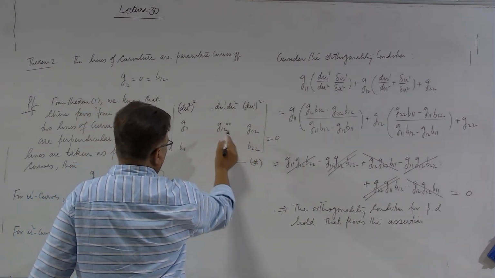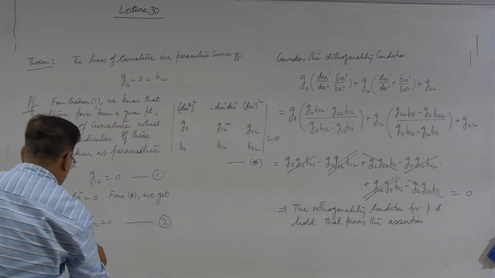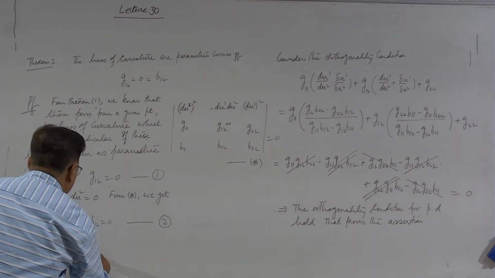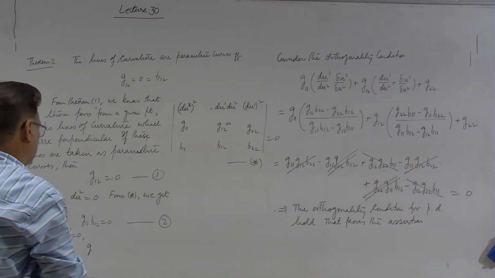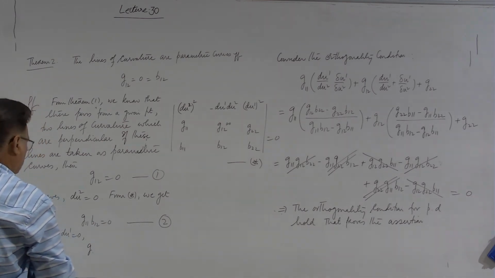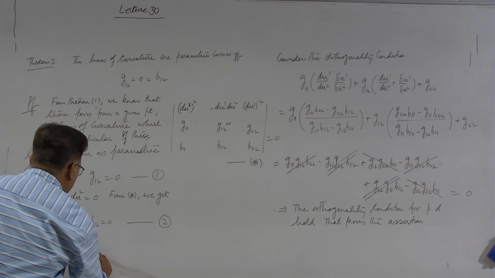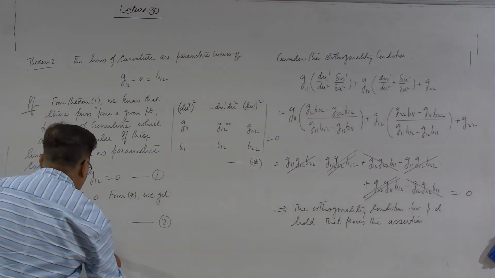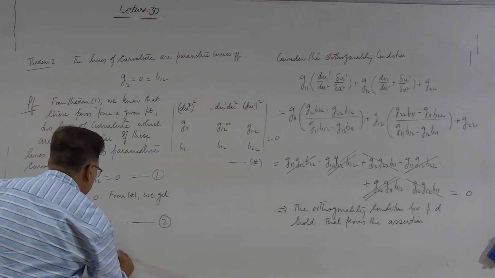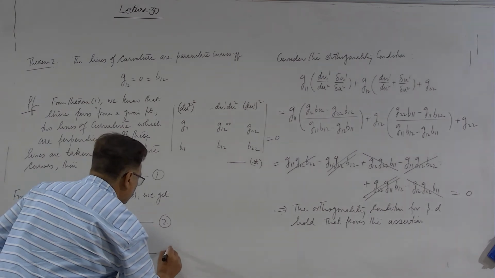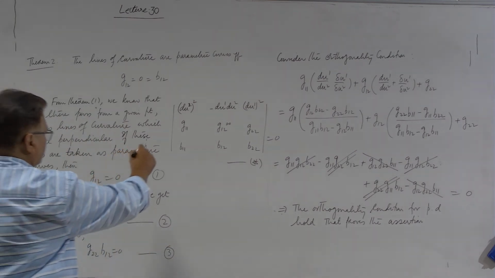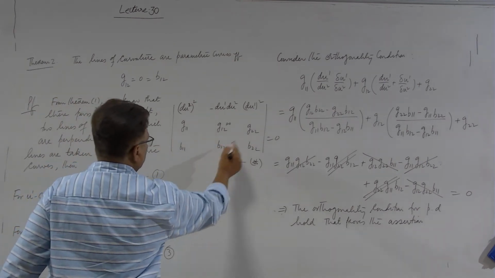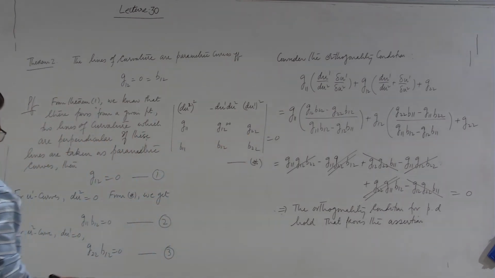This is already 0. So, g22 into b12 is 0. g22 into b12. This is number 3. Okay.